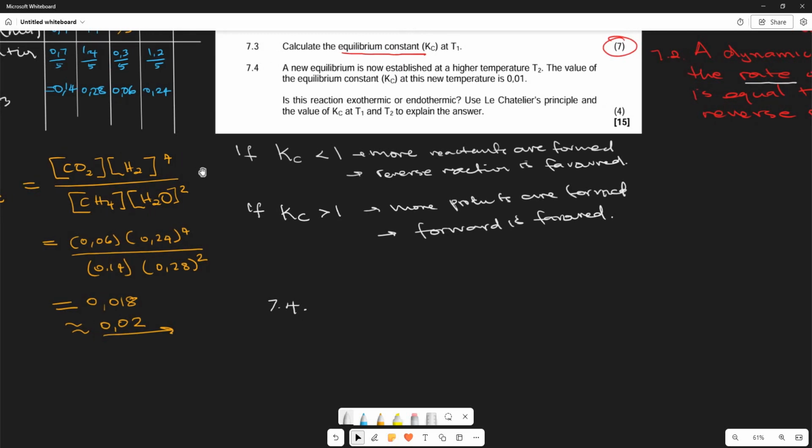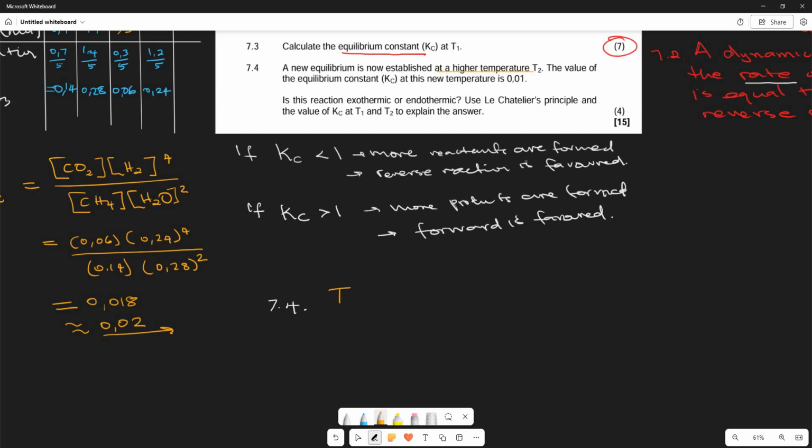So the disturbance there was at temperature, right? A new equilibrium is now established at a higher temperature, T2. So the key word there would be higher temperature. What did they do to the temperature? They have increased it.